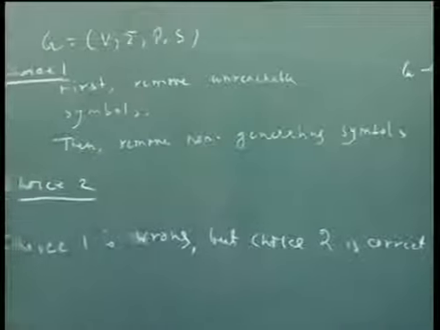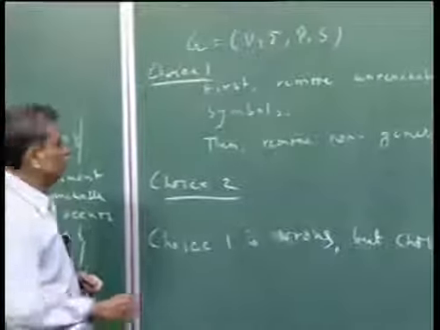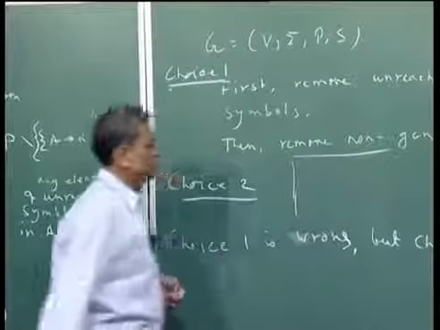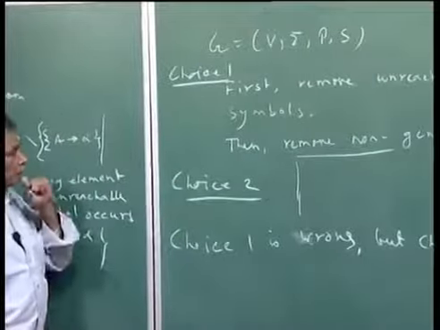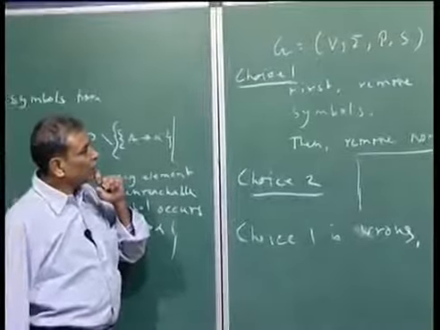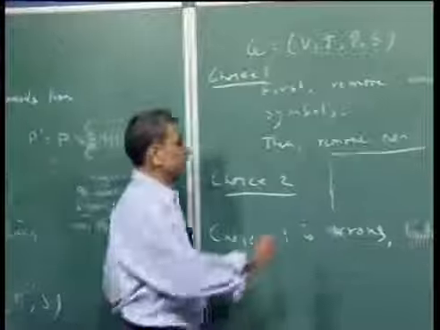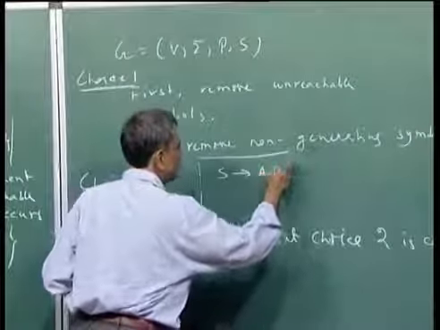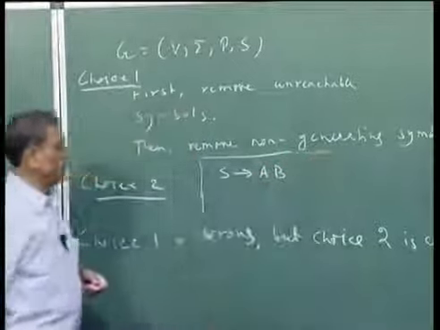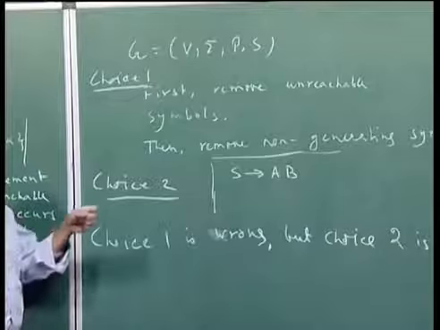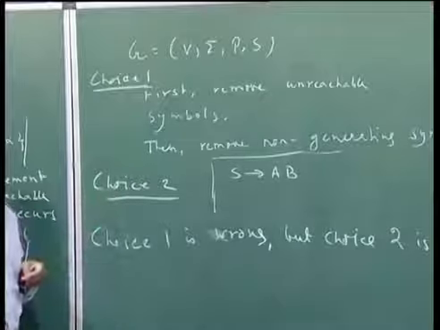See, why would choice 1 be wrong? So, let me show it here. It is very simple. You see, let us say that I have this S goes to A B, and therefore both A and B are reachable.